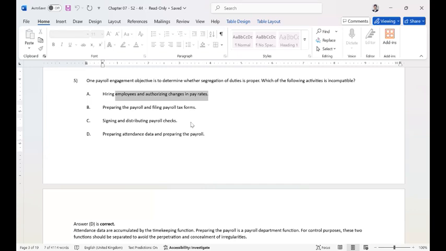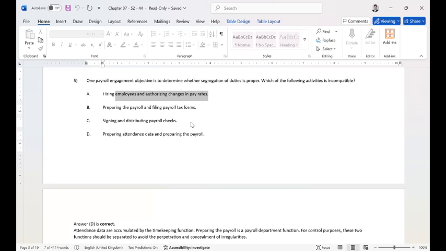In this day and age, the payroll is prepared by HR, and then the fund transfer letters could be signed off by someone else.